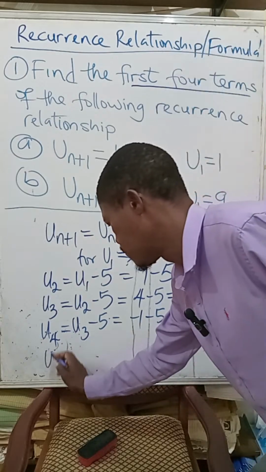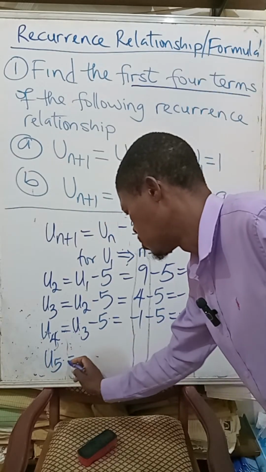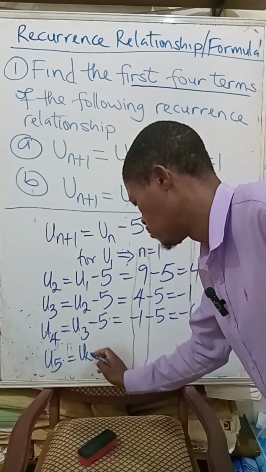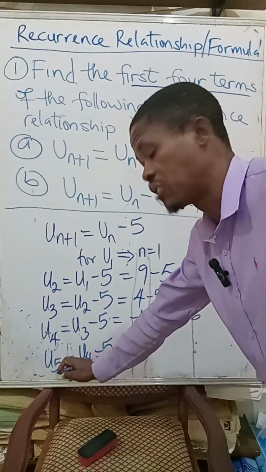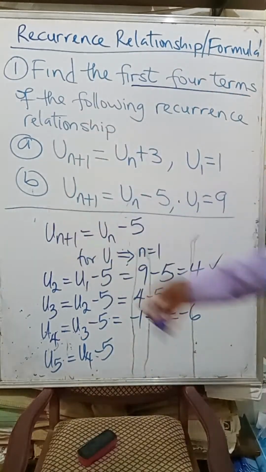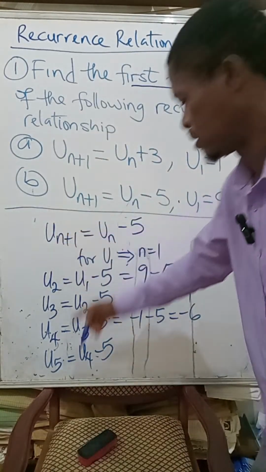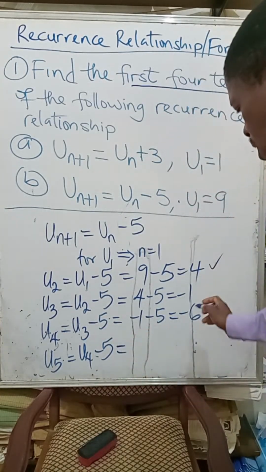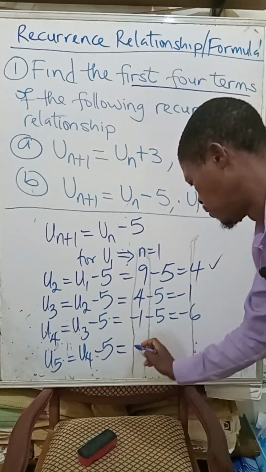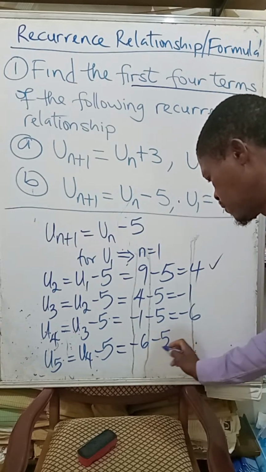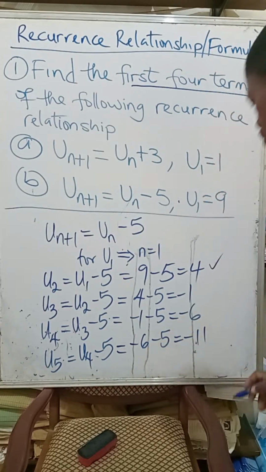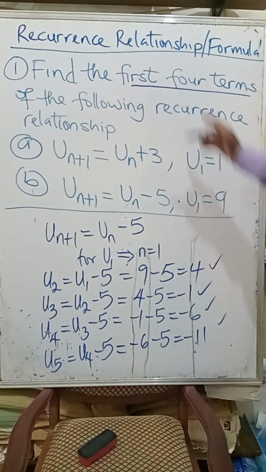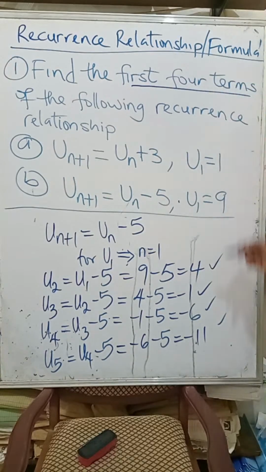Then u5 will be equal to what? u4 minus 5. For you to get u5, that means n is 4. So 4 plus 1, that's u subscript 5. So we have u4, which is minus 6, minus 5, and that's minus 11. So that's it, find the first 4 terms of the sequence.